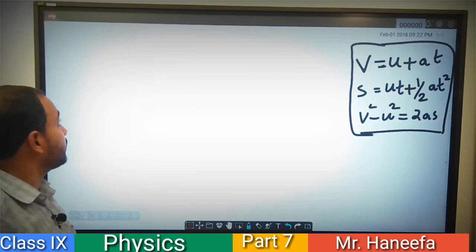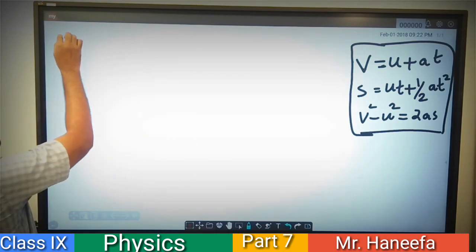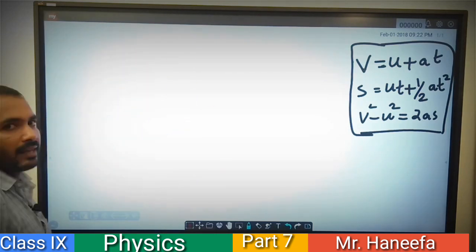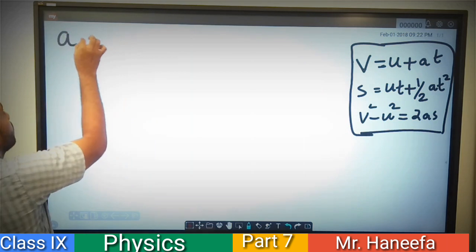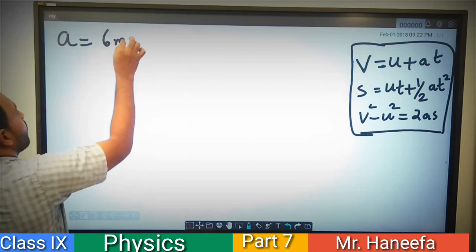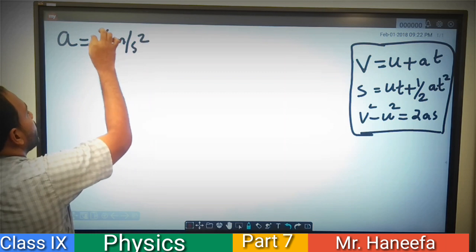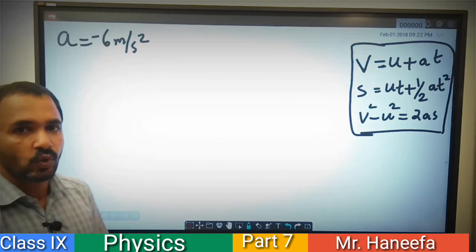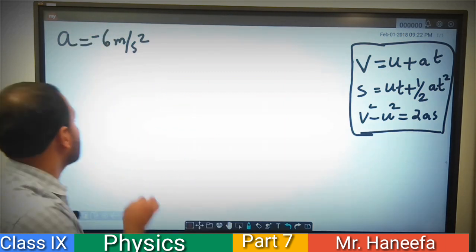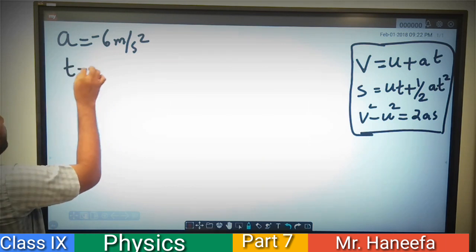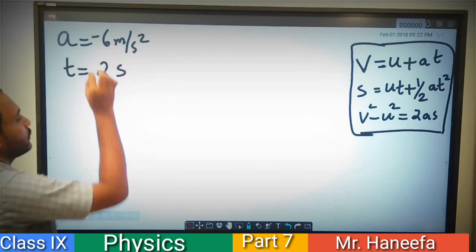So what are the given terms? Acceleration 6 meter per second square in the opposite direction, so a equal to minus 6. Time 2 seconds.